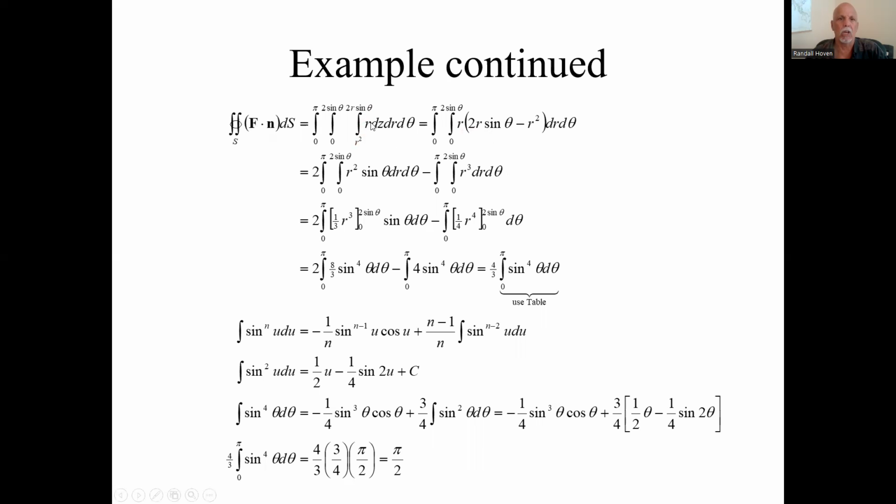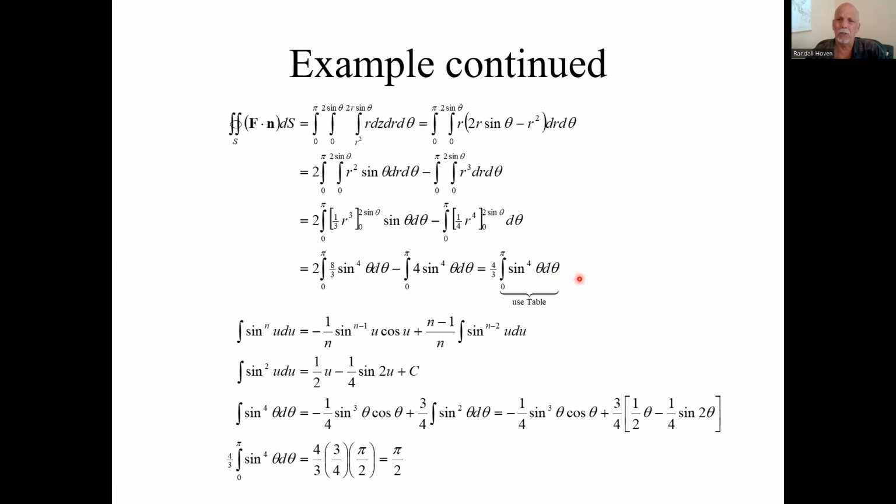So it's just r times 2r sine theta minus r squared. And you can break that up. Iterate again. These are kind of easy to take. If you take this with respect to r, you'll get a 1/3 r cubed, evaluated between those limits. Here you get a 1/4 r fourth, evaluated between the limits. This minus that, and then everything's sine to the fourth.